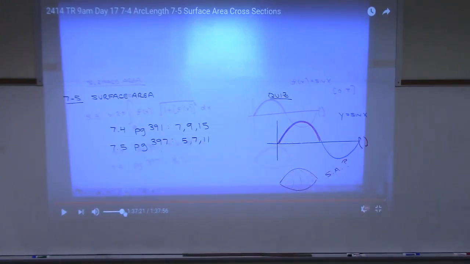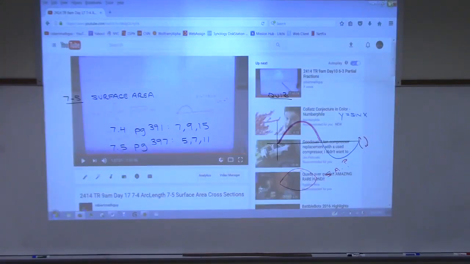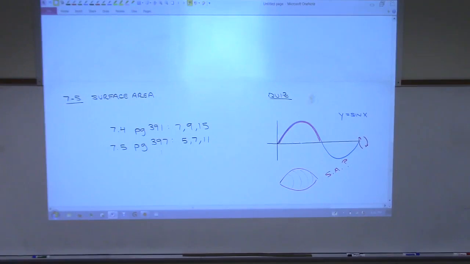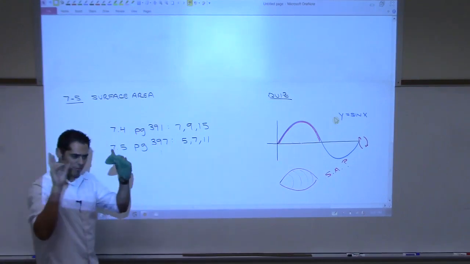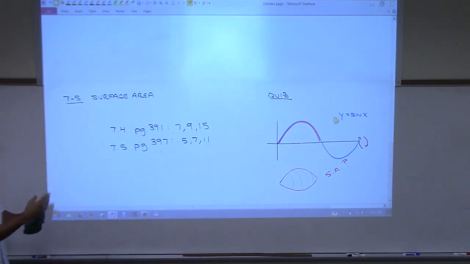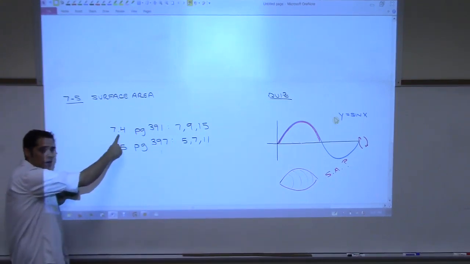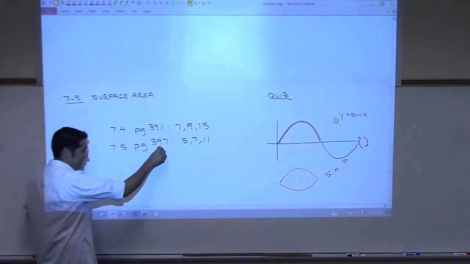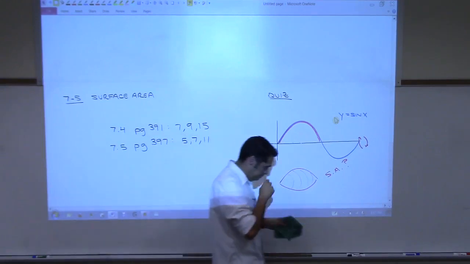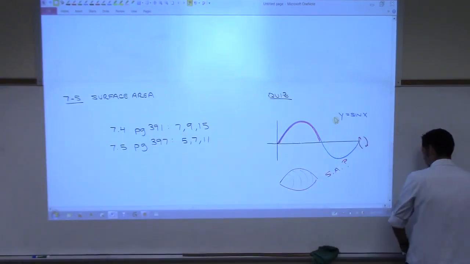So there's really 4 things you should be doing tonight or before we come in again. Remember, there's an assignment from 7.2, numbers 38 and 39, which I didn't really cover, which were the cross sections. 7.4, which is arc length. 7.5, which is surface area, which I have not even given you an example of. And then the quiz on surface area, which will be due next time.